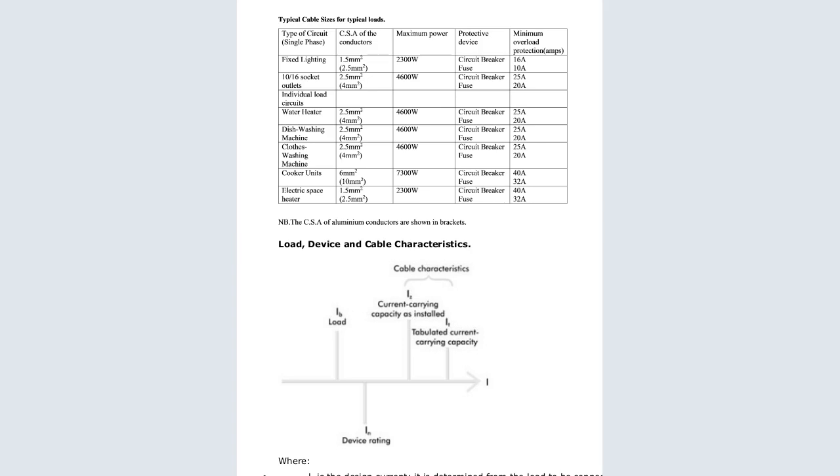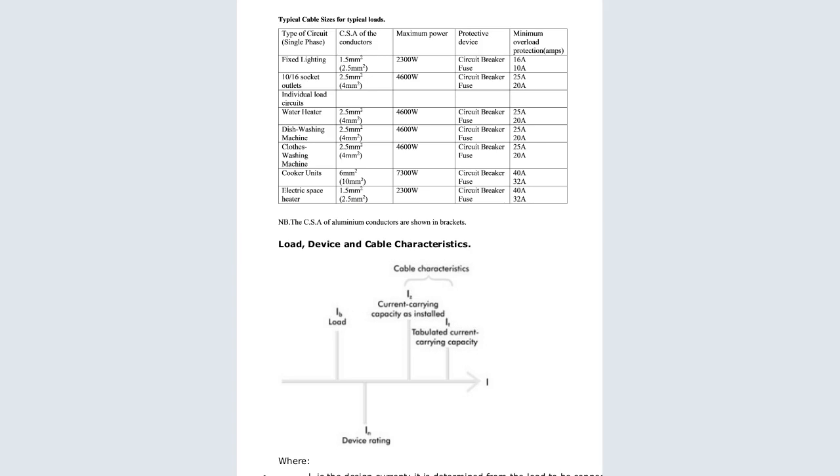Individual load circuits. Now, on the individual load circuits, we can have something like a water heater. This one is now for a specific use. They're not common for all residential housings. So a dishwashing machine can use 2.5 millimeters or up to 4 millimeters. Cloth washing machine, we have cooker units, we have electrical space heaters.